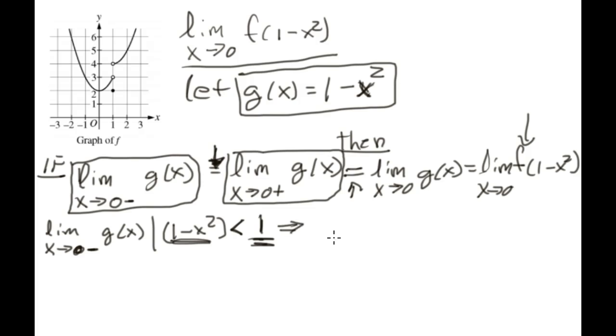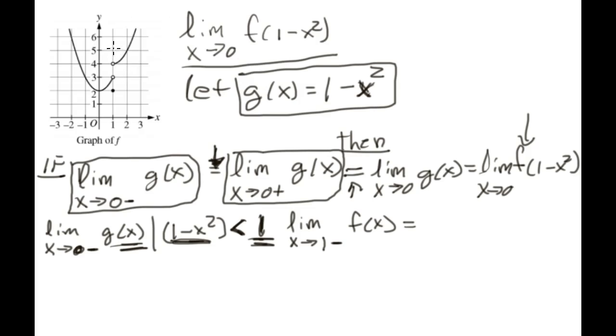Okay, so this gets me that this limit here, the limit as x approaches 0 from the left of g of x, is the same as the limit as x approaches 1 from the left of f of x. Okay, because as this is approaching 0, g is approaching 1, right? F, this piece, is going to be approaching 1, but because it's always less than 1, it has to be doing it from below.